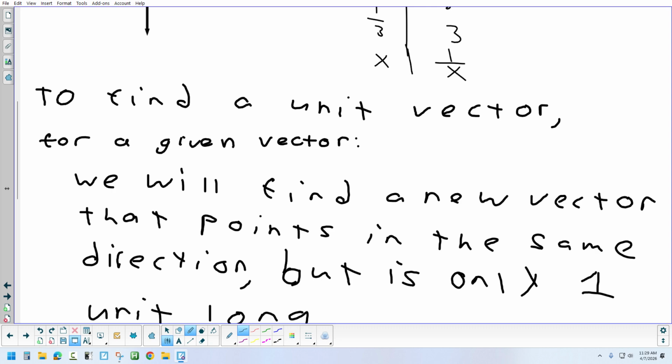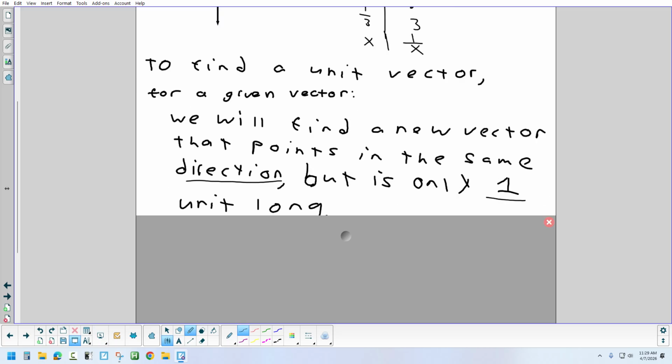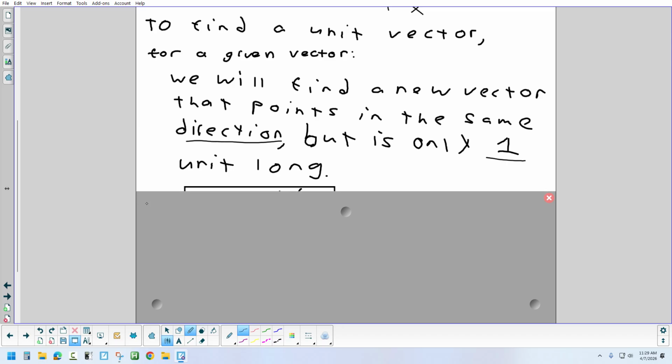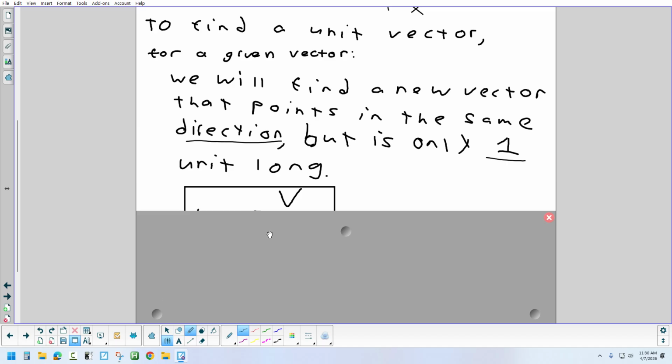Okay, so this is just explaining what we're doing. We're finding a new vector that points the same way, but it's only 1 unit long. And the formula, let's think of it like this.